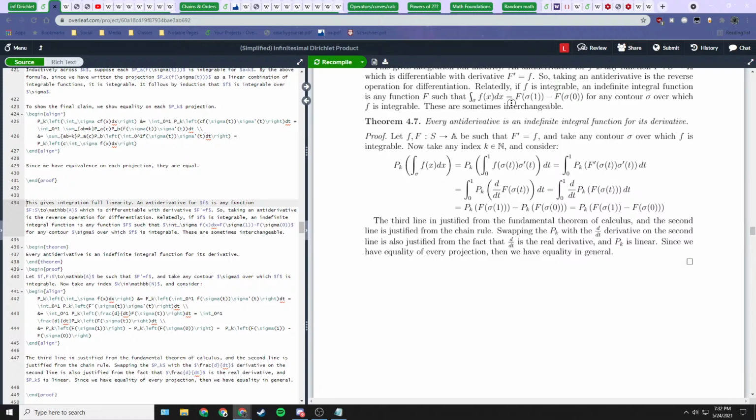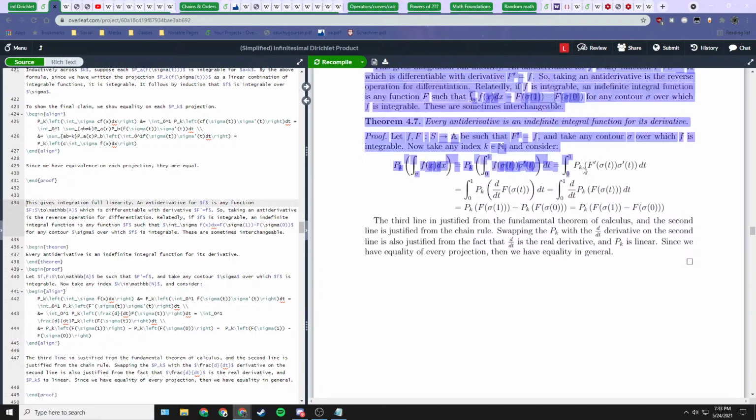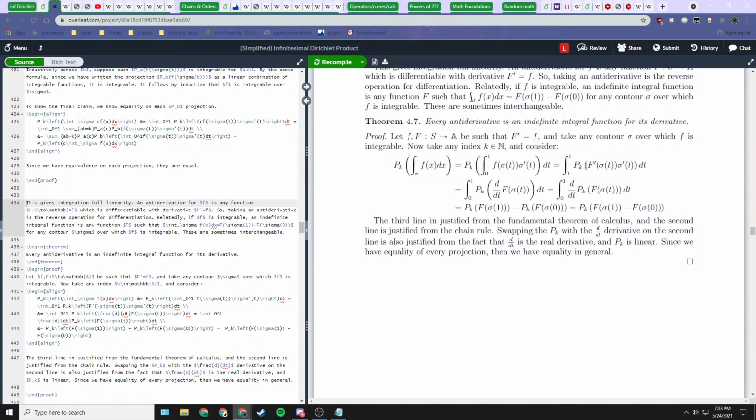These are sometimes interchangeable, so then we have our first proof. Every antiderivative is an indefinite integral function. And then the proof is just using, we have a substitution, we pull in the p sub k, we replace f prime, we use chain rule, and then we use this linearity of p sub k again with a derivative.